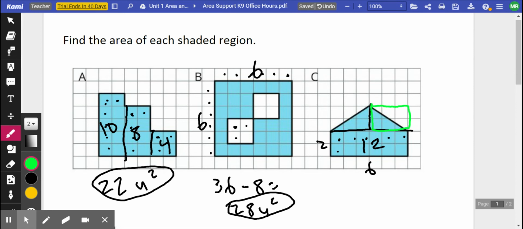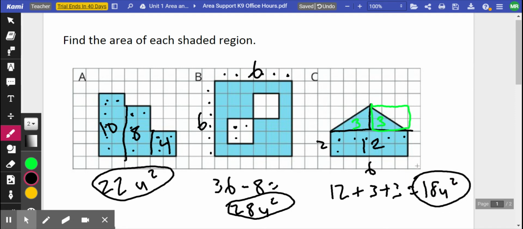I'm going to find the area of the rectangle because I see that the area of the shaded triangle inside the rectangle is exactly half the area of the rectangle. So if the rectangle is 3 units by 2 units, the area of the rectangle is 6 square units. That means the area of the triangle inside is 3 square units, half the rectangle, which means this triangle is also 3 square units. So we have 12 units for the rectangle plus 3 units each for the two triangles. 12 plus 3 is 15. 15 plus 3 is 18. So the area of the shaded region is 18 square units.